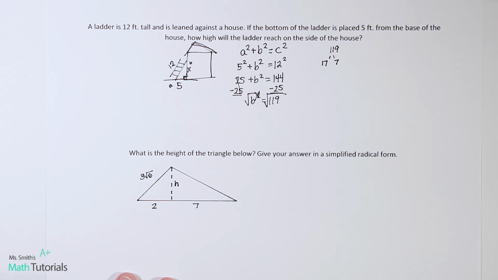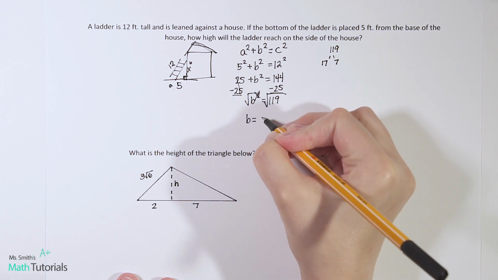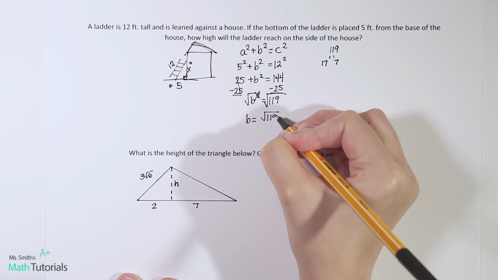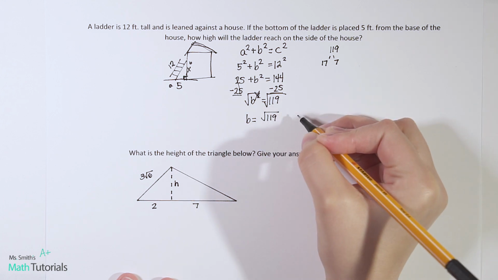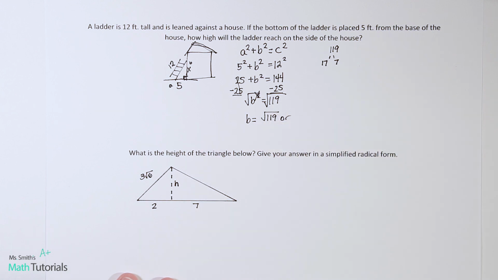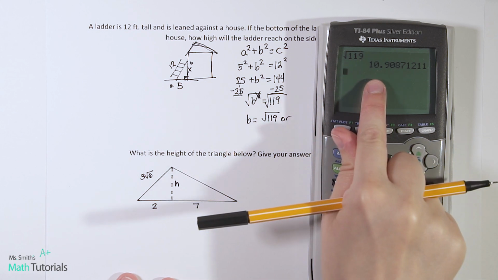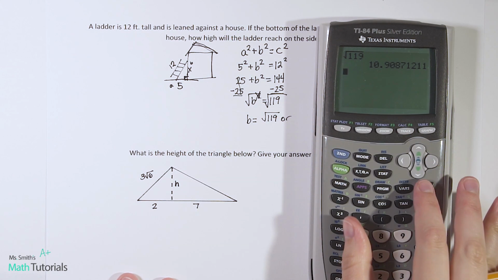So I would say b equals the square root of 119, if your teacher wanted a simplified radical answer, or, what we found the decimal would be, 10.91.